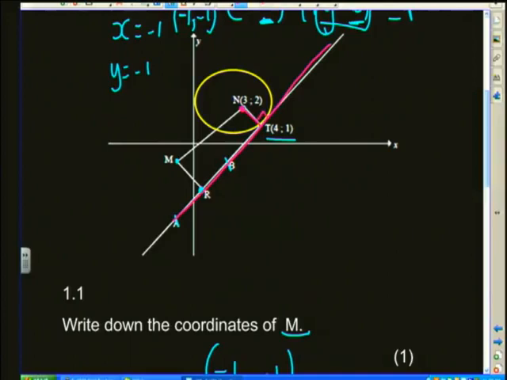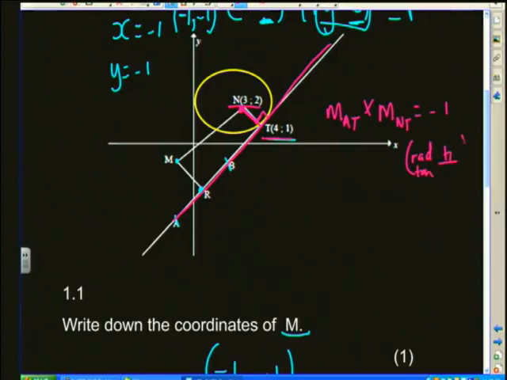Okay? So what that means, since we've got the coordinates of N, which is the center of the circle, and the coordinates of T, the point of contact, if NT is perpendicular to ABT, which it is, we know that the product of the gradients of line AT and NT would be -1, and the reason for that is we know that angle T is 90 degrees, the radius was perpendicular to the tangent.